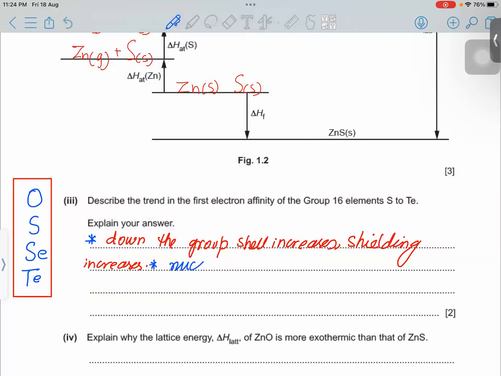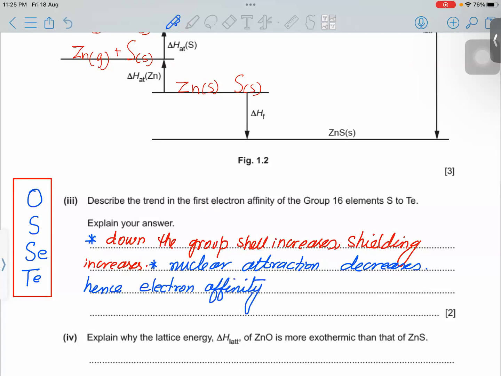Point number two, nuclear attraction decreases. Hence, electron affinity decreases, less negative, less exothermic.